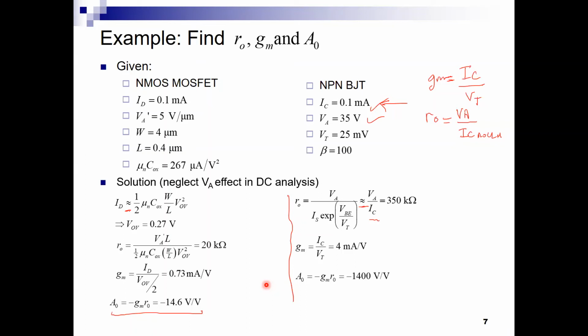VT in the GM is 25 millivolts, which is a bit smaller than 10 times smaller than VOV, and like you just said, the RO, which is an intrinsic characteristic of the device, is larger, so the gain is way larger.